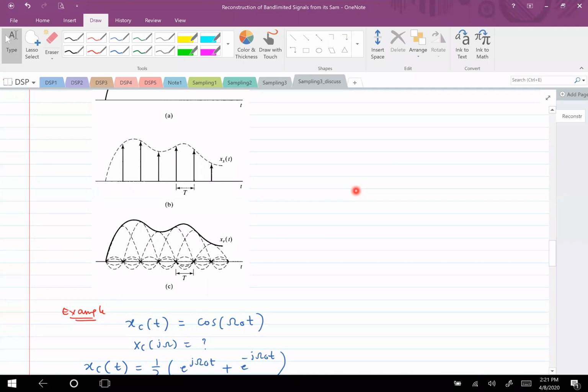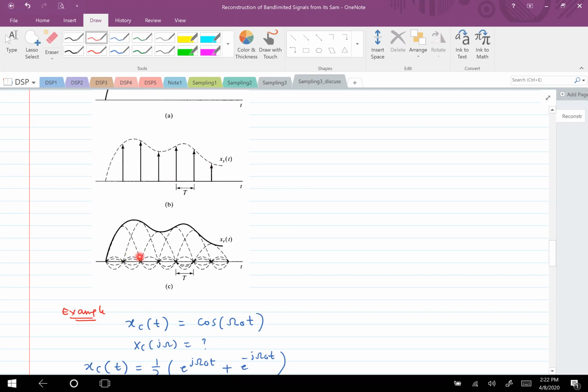So look at here, whichever value is contributed by x of n here, for that, for example, at T, the rest of the sinc functions would become 0 at multiples of T. And anyway, at this point, x c of t is equal to x of nT equal to x of n. So that x of n value would be retained here, rightly so. And this happens despite shifting. This is not going to interfere with the value at integer multiples of T.